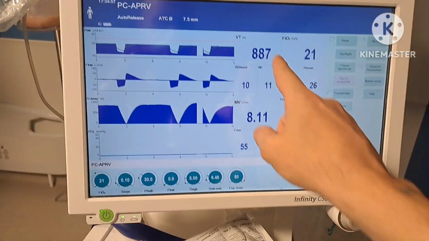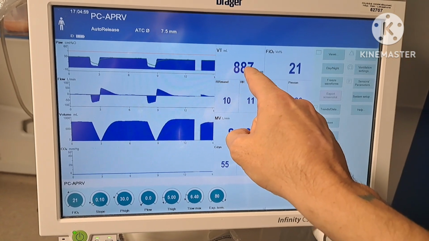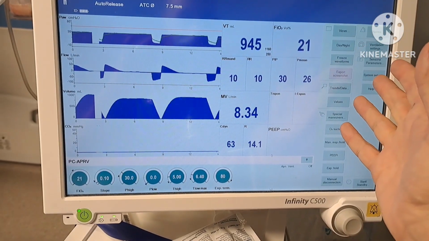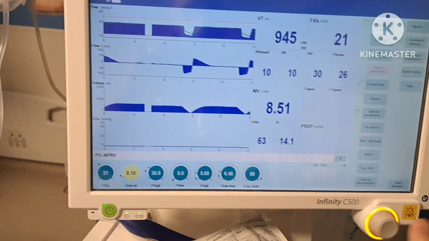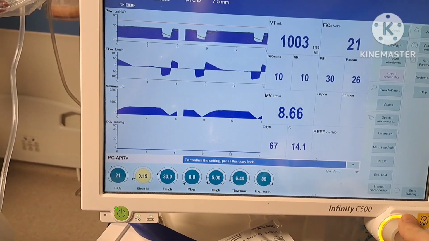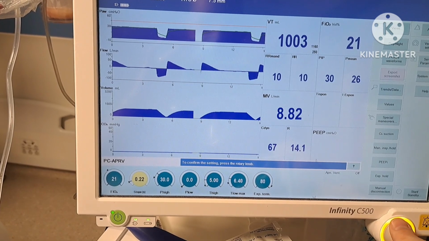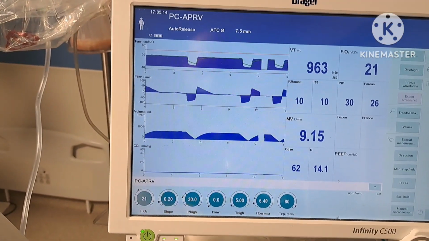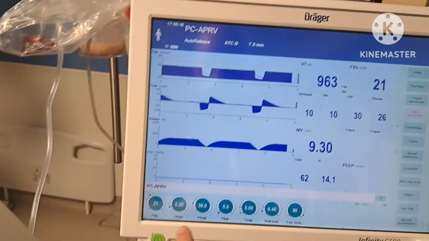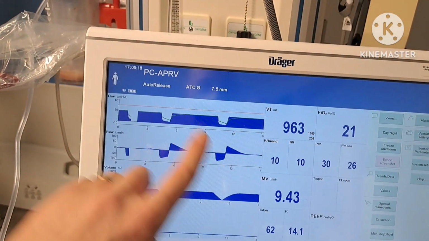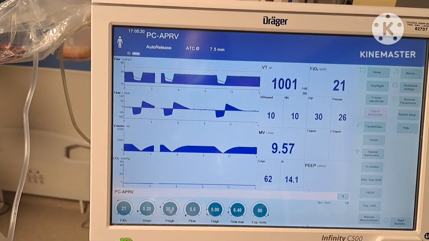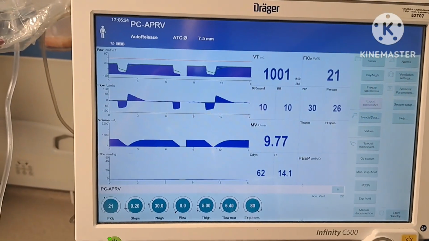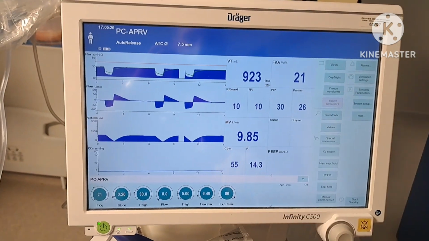So the other thing that we can do, if people are uncomfortable with the higher tidal volumes and the blood gas is normal, is adjust the tidal volumes a little bit with your slope. Because there's a slope here, and the ascent is a little slower, the viscoelastic property of the lung allows it to go down a little bit more, just a fraction of a second, and it can play with your tidal volumes.